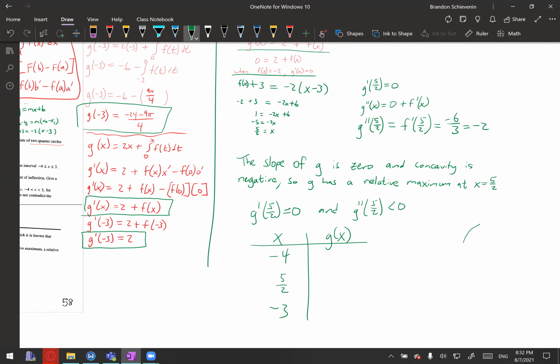So far we've proven our graph looks something like this. We have a relative maximum at 5/2. However, we were given a piecewise function, so I do need to prove that we didn't actually end up coming up higher than that at the end.